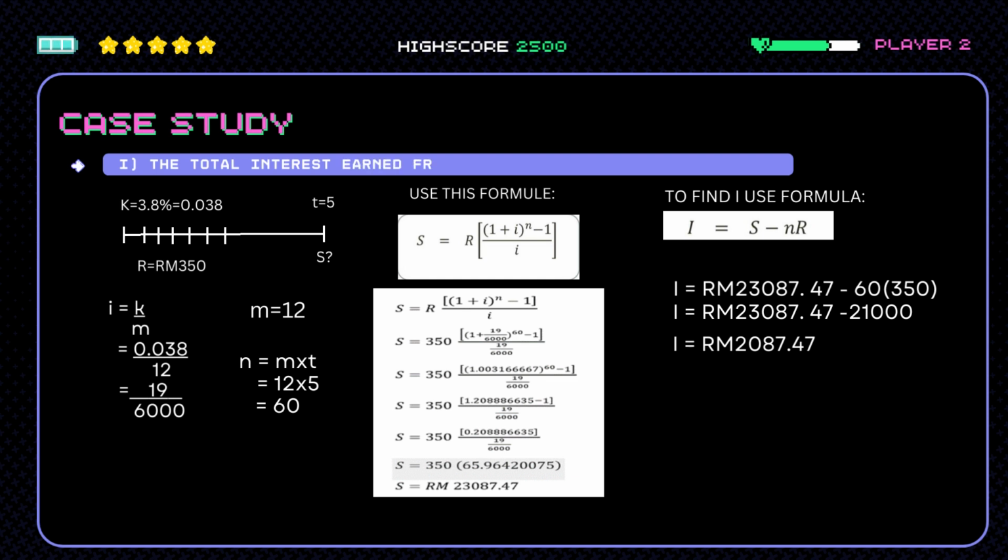After that we can find the interest. We must use the formula I equals S minus nR. The value of S is RM23,087.47. n is 16, R is 350. So we do the bracket first: 16 times 350, we got 21,000.